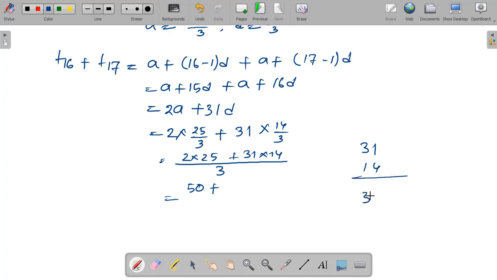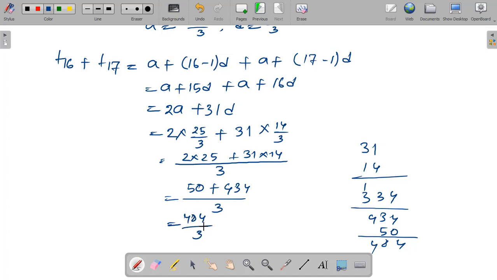That is 3 fours are 12 plus 1, 13, 4 ones are 4, that is 434. 434 by 3. Now we add 50 with 434, 484, that is 484 by 3. So this is our answer, that is 484 by 3.